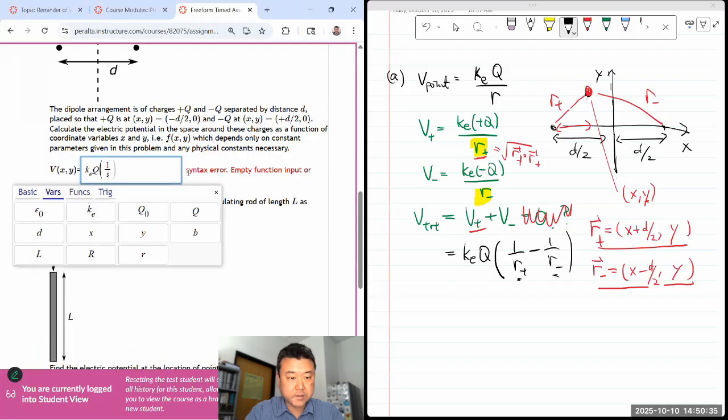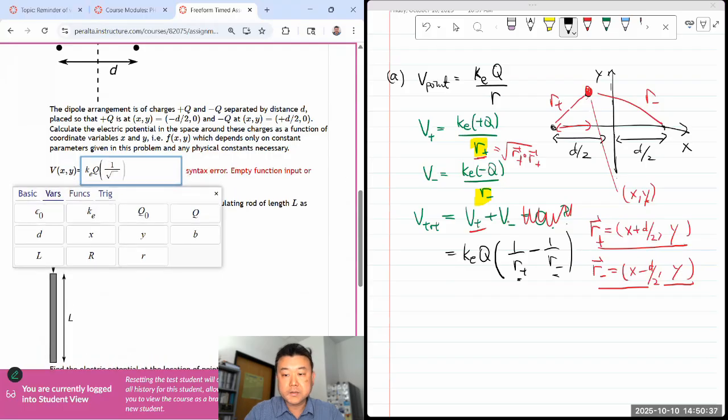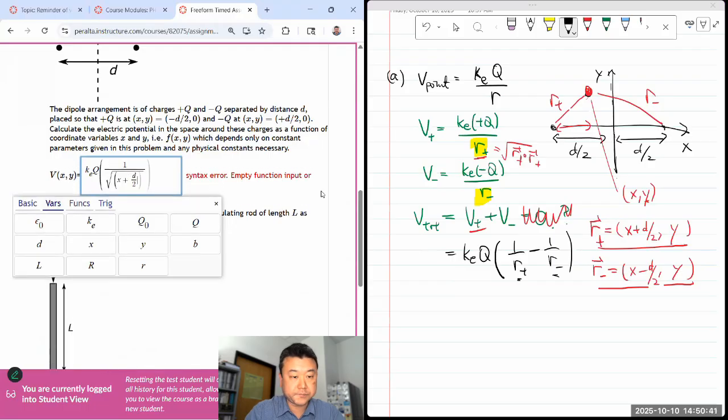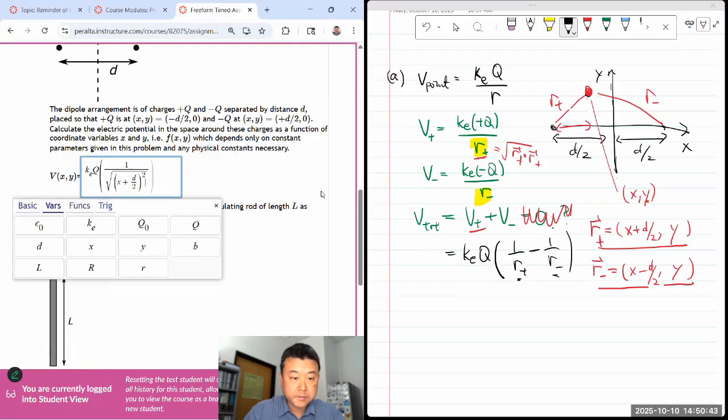1 over the square root of x plus d over 2 squared plus y squared, minus 1 over the square root of x minus d over 2 squared plus y squared.